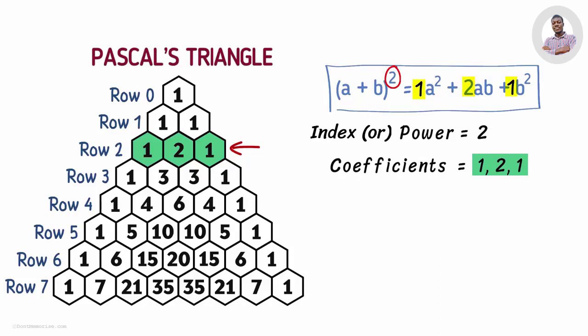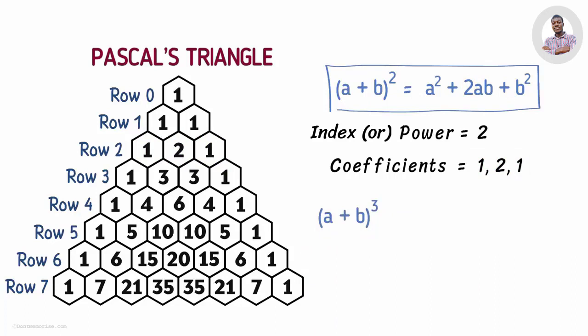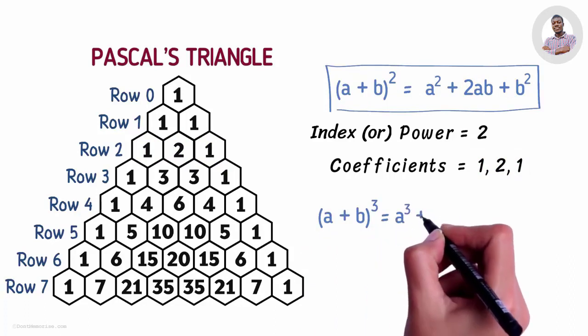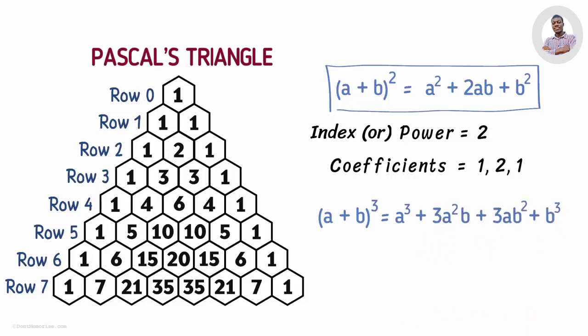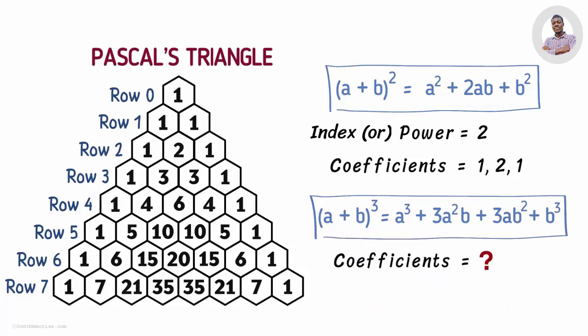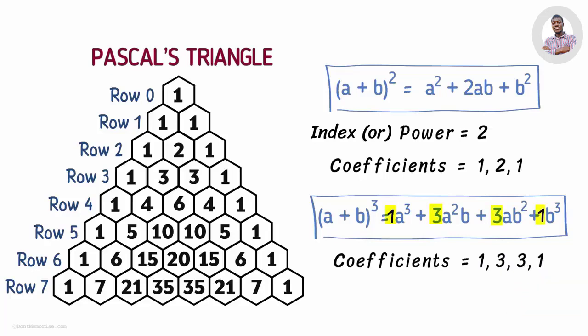So what will be the expansion of (a plus b) all cube? It will be equal to a cube plus 3a square b plus 3a b square plus b cube. What are the coefficients here? They are 1, 3, 3, 1.